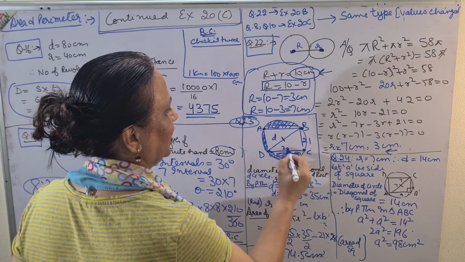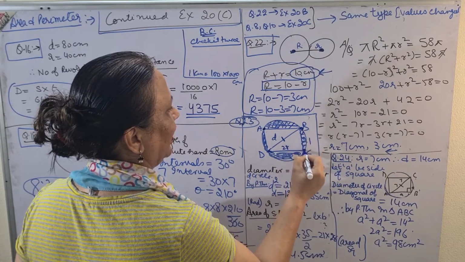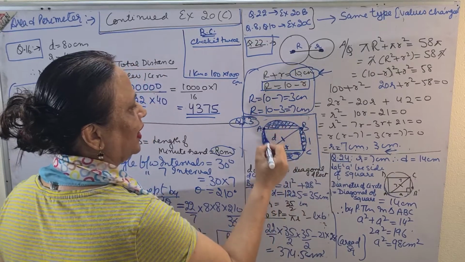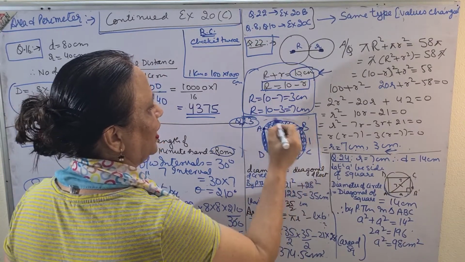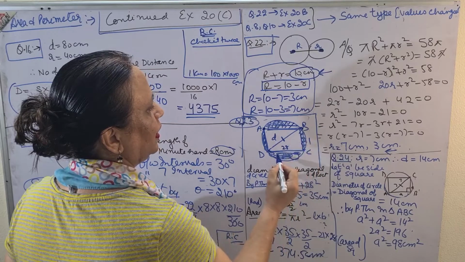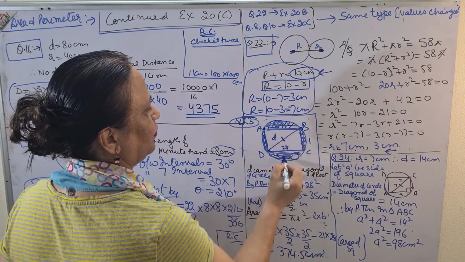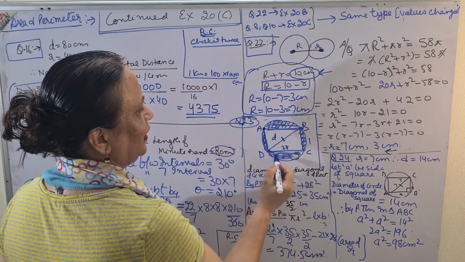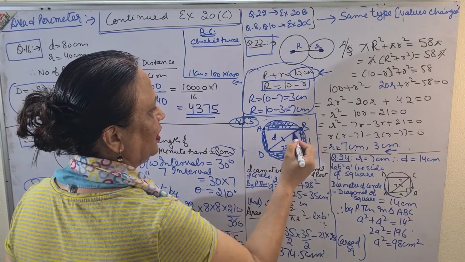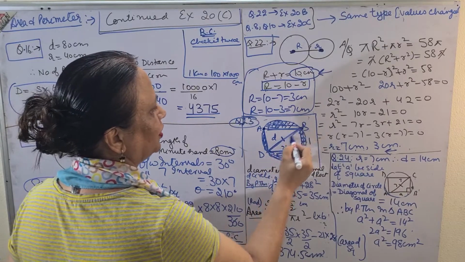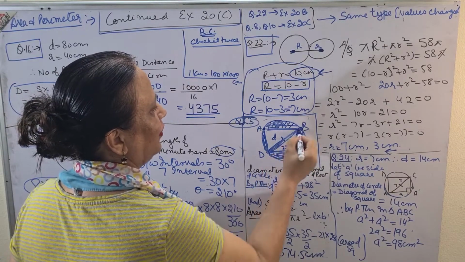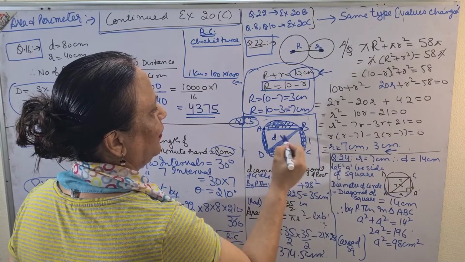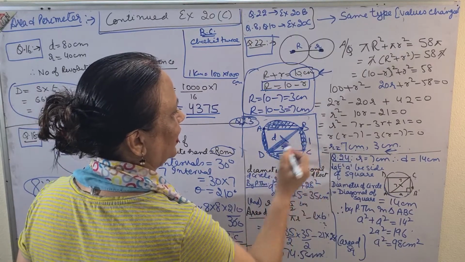Full portion is shaded. So you know very well, if I subtract the area of the rectangle from the area of the circle, you will get the area of the shaded portion. Now the diameter of the circle, you have to use this fact here, that the diameter of the circle will be equal to the diagonal of the rectangle.